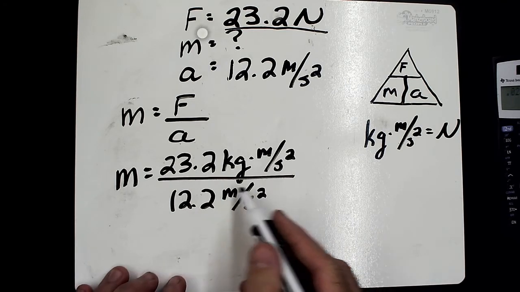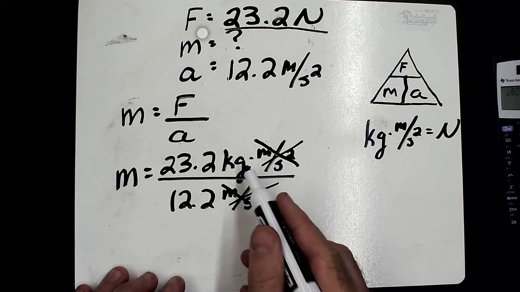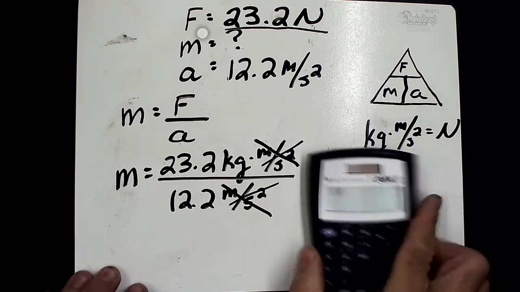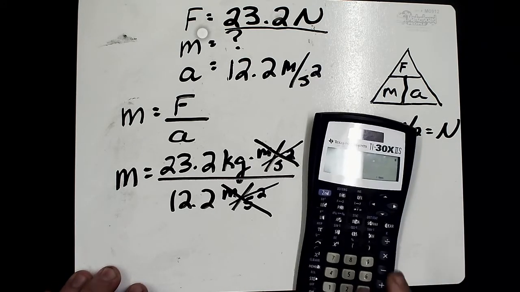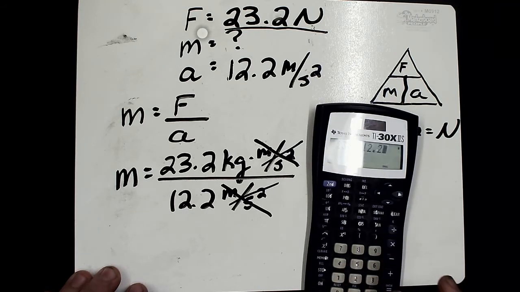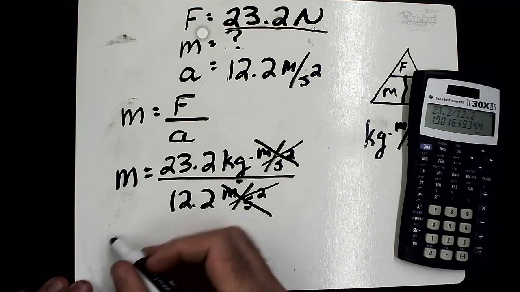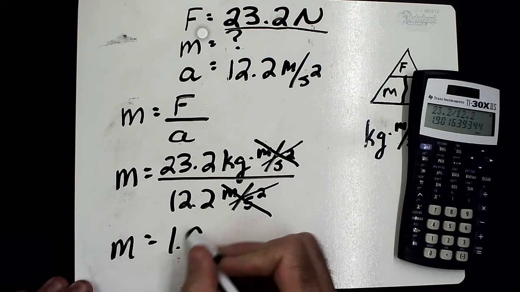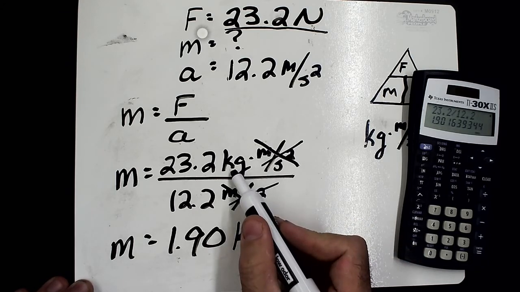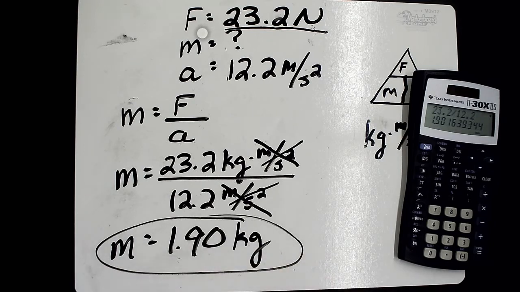So meters per second squared cancels, which leaves me with kilograms, which is a mass, which is what I want. 23.2 divided by 12.2 equals 1.90. So mass equals 1.90 kilograms, because that is the only unit left, and it's a mass, which is what we want. So that is the answer.